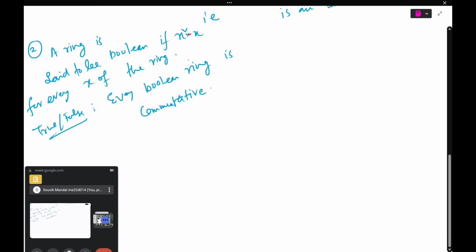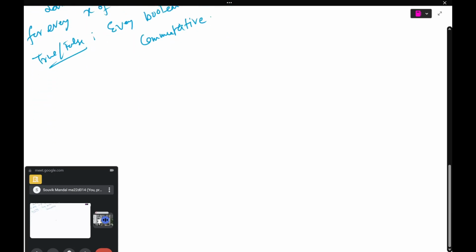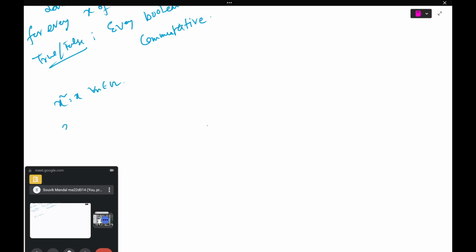So this can be done as follows. It is given that x square equal to x for all x. So this tells that 2x whole square equal to 2x for all x. This implies x plus x whole square is equal to 2x.